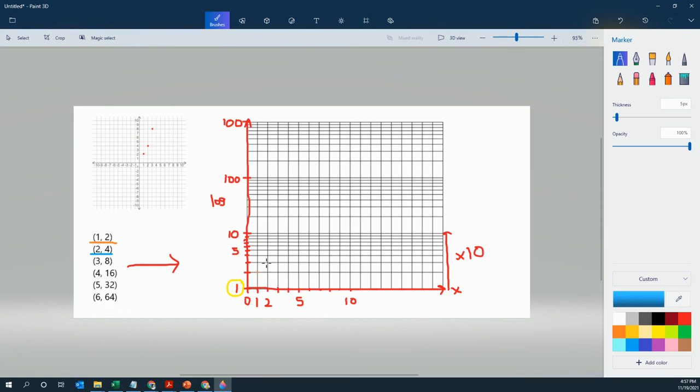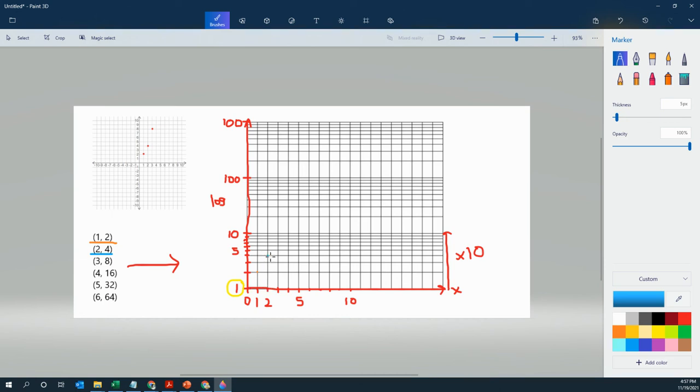So 1, 2, 3. I got it wrong. Did you see that? 1, 2, 3, 4. And this is one of the reasons why I want you to label the graph first on the outside, so that if you get to the 5 and you really only need to go to the 4, then you see that it's wrong.